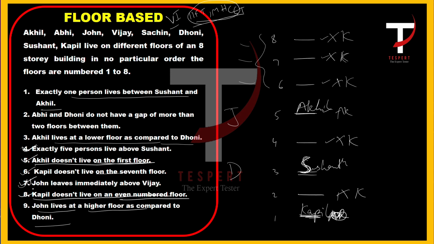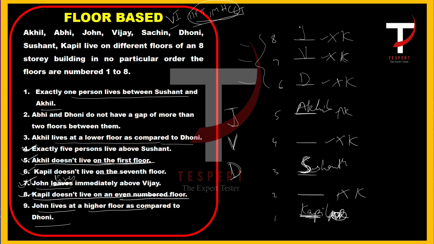And if we take statement 7, John lives, sorry, L-I-V-E-S, immediately above Vijay. So Vijay must come here. John is here, so Dhoni will be here.